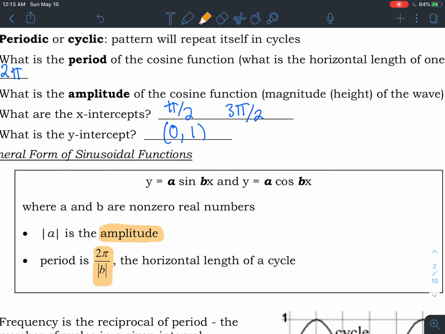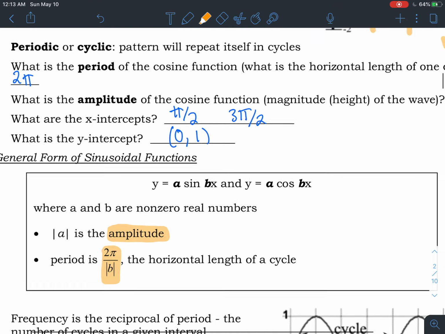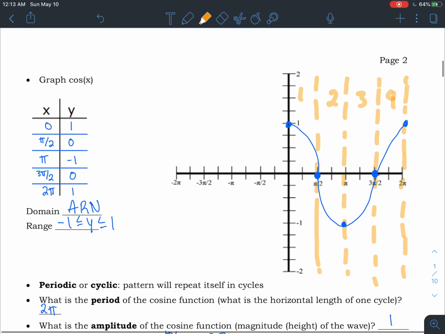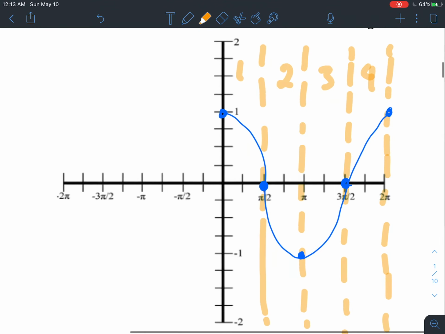If you don't have anything for a or for b, that just means that it's still a height of 1, and we have no change to my period, so it's still 2 pi. But otherwise, if we do have any kind of adjustments to that, that's where this quarters comes into play.